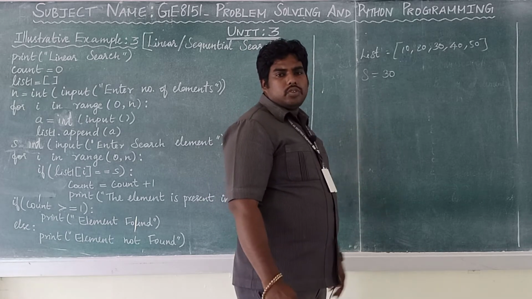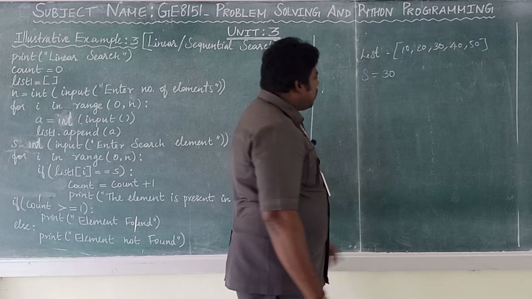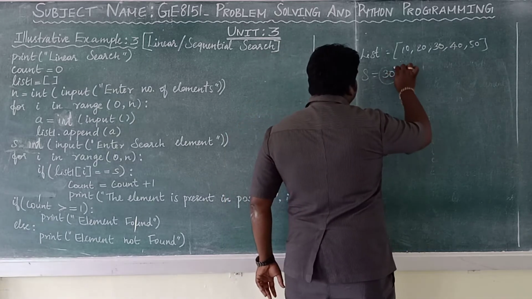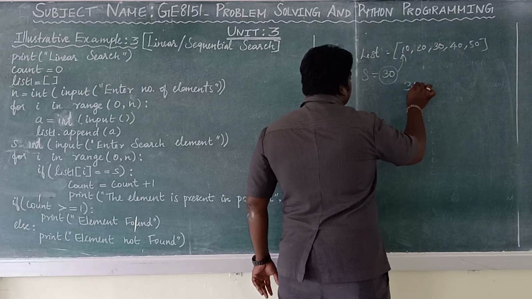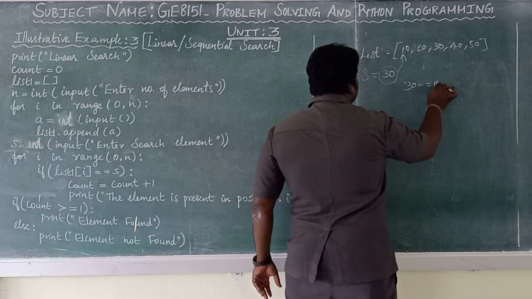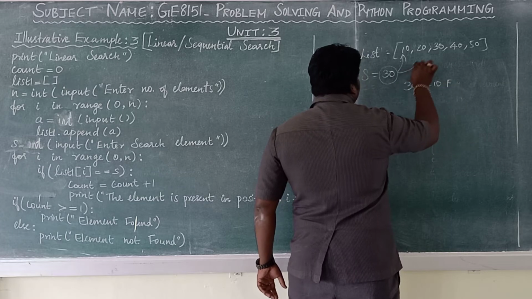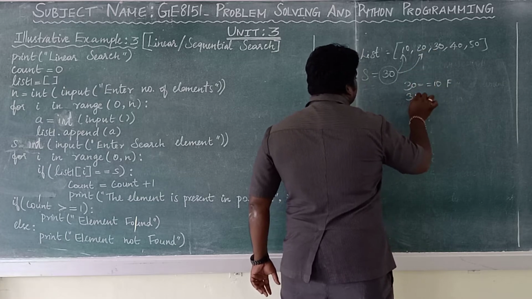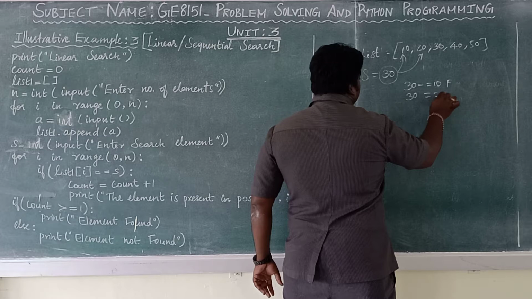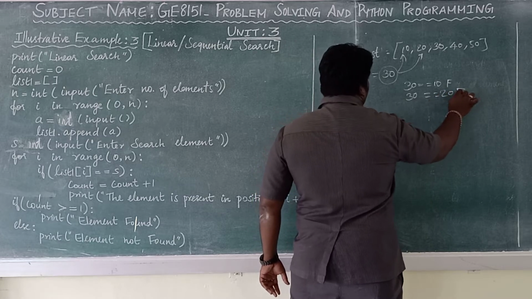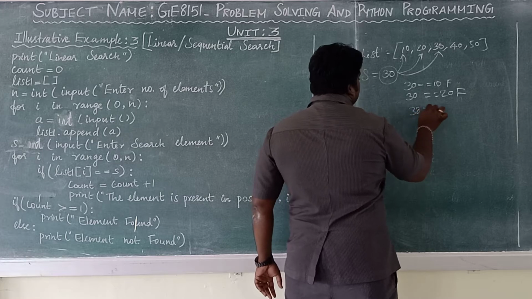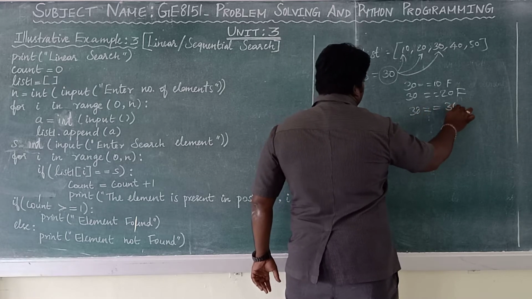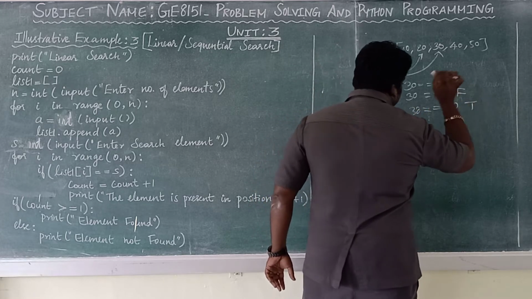Normally how do you do it? Searching sequentially means I compare this 30 with each element. Is 30 equal to 10? It is false. Then I check whether 30 is equal to 20. Again false. Then I check 30 equal to 30. Now it is true.